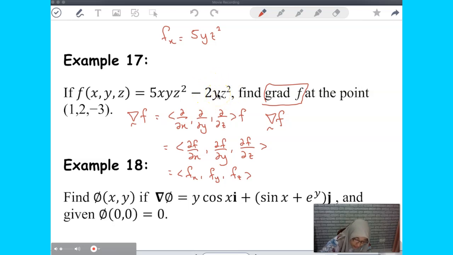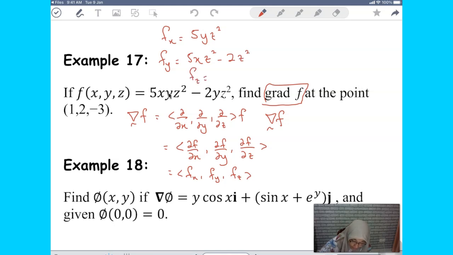Next fy: here you just have y, then differentiate y, we got 5xz squared minus 2z squared. Okay, and then fz: the first term you have z squared, so you have 10xyz minus 4yz.